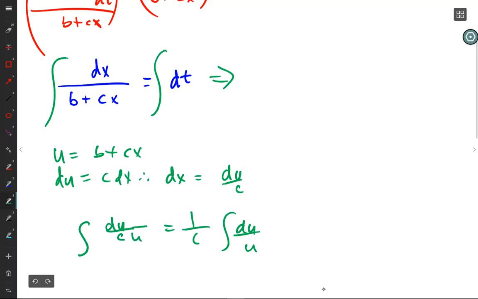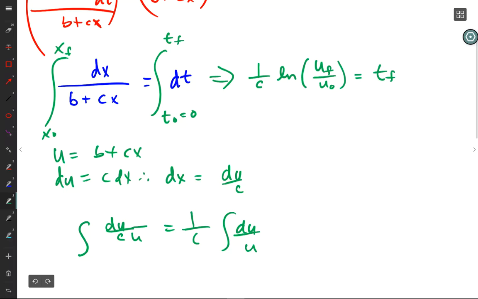Now, I didn't write my limits, and I should have. So when I plug in my limits, that's the equation I get.